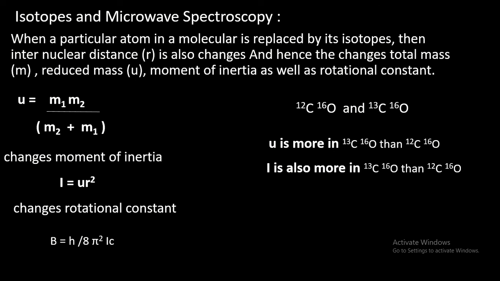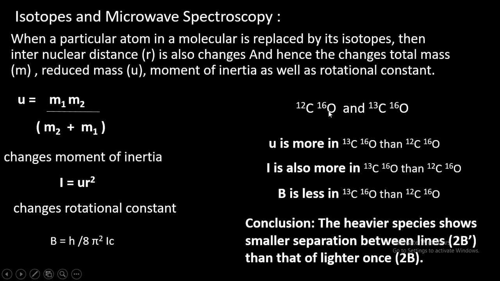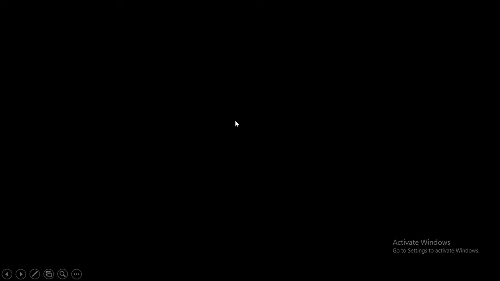Therefore, I value and mu value for heavy isotopes are more, but rotational constant B value is less. Therefore, carbon 13 oxygen 16 shows less separation of the energy level than carbon 12 oxygen 16. The conclusion from this observation is that heavy isotope species show smaller separation between the lines than the lighter ones.